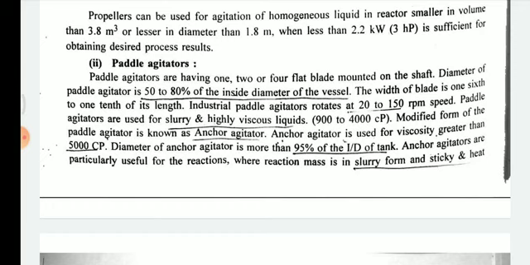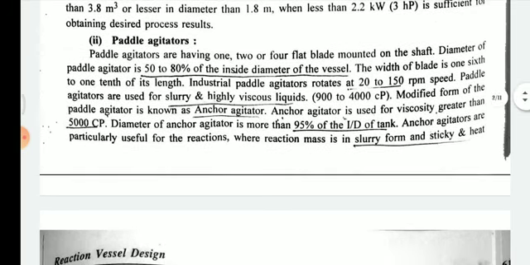Now the width of the blade is 1/6 to 1/10 of its length. For example, if the length of the agitator is 1 meter, then the blade width should be kept at 1/6 to 1/10.